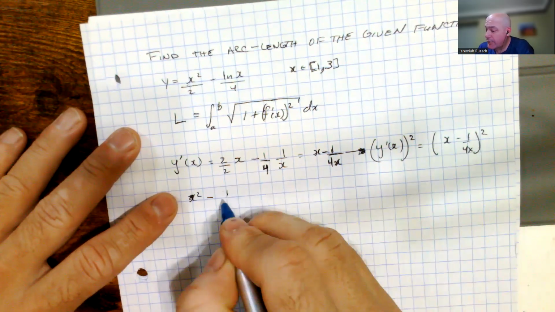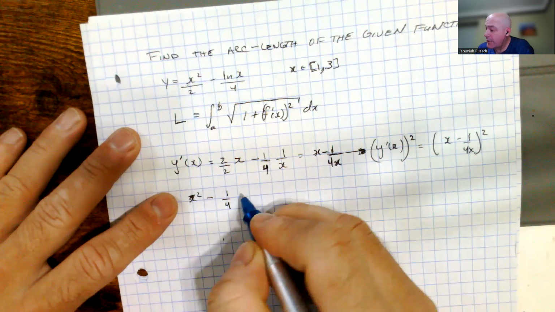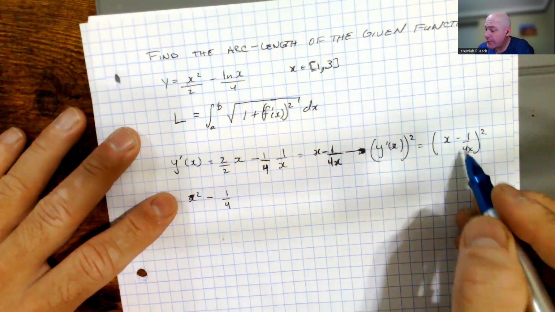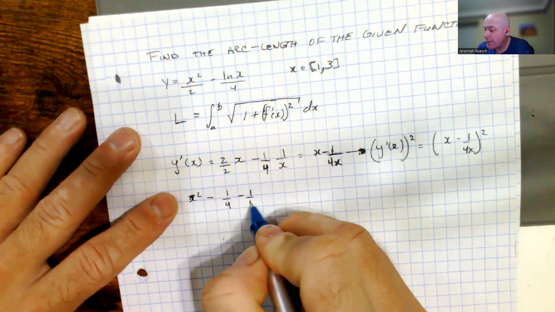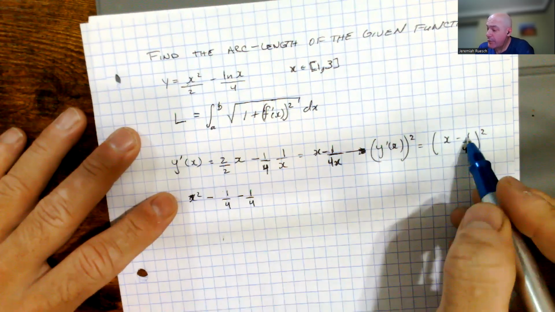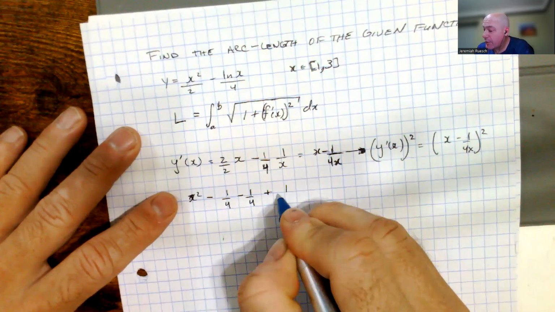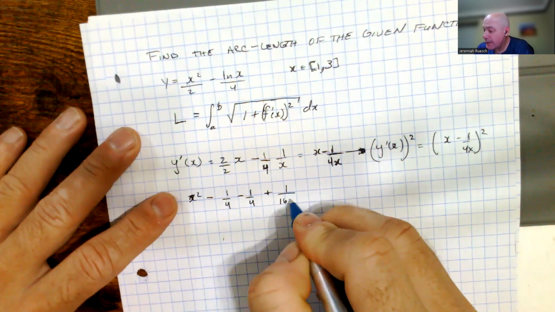So that's going to give us a 1/4. And then you're going to have another x times a minus 1 over 4x. So it's going to be a minus 1/4 again. And then you're going to have a minus 1 over 4x times a minus 1 over 4x. So it's going to give us plus 1 over 16x squared.